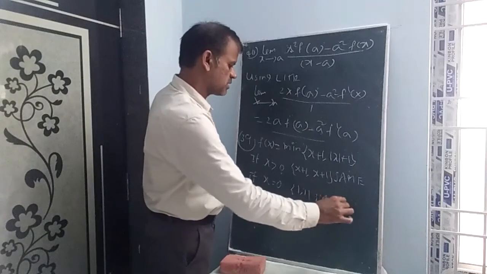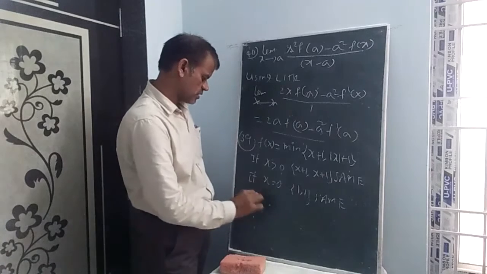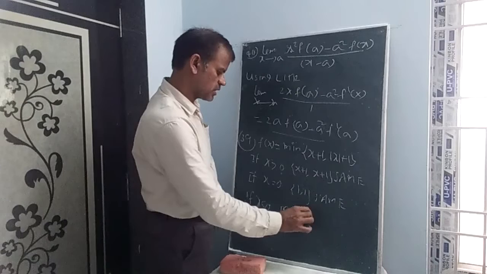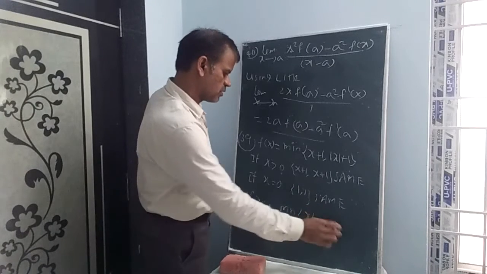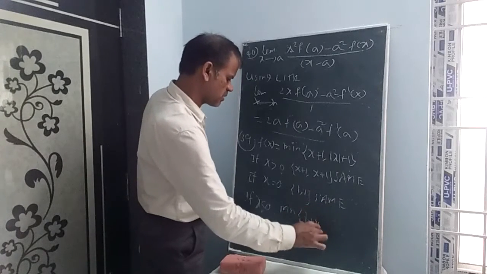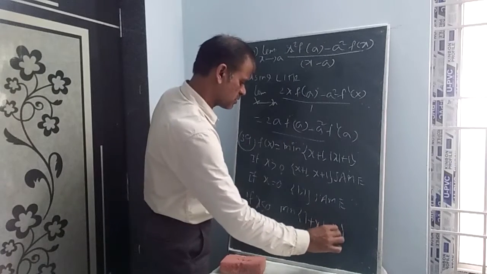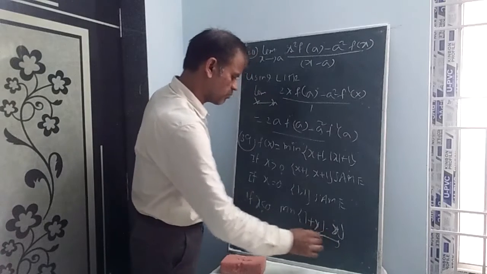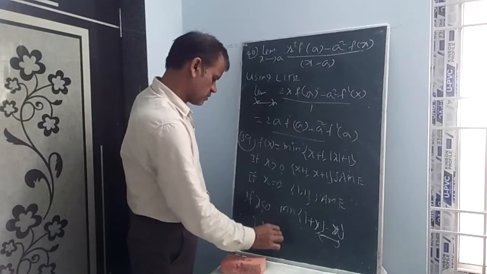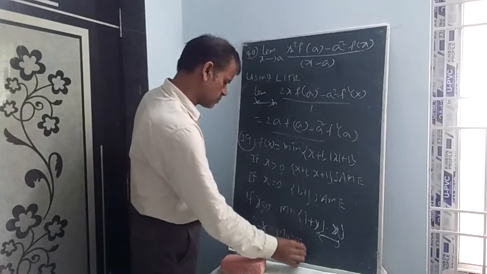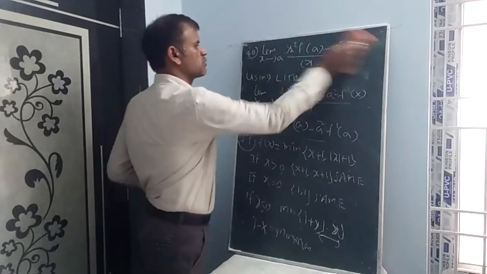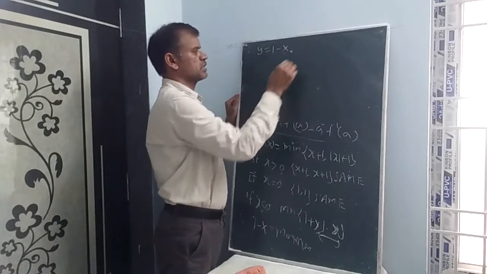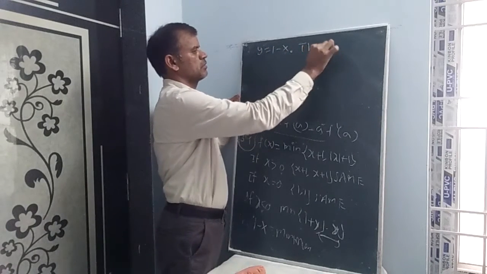Now if x less than 0, then minimum of x plus 1 comma, we can understand 1 plus x comma 1 minus x. 1 plus x comma 1 minus x. So 1 minus x is the minimum value. If we consider y is equal to 1 minus x, this is a straight line.